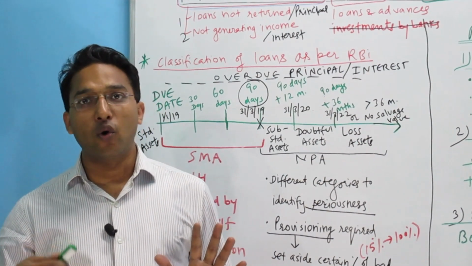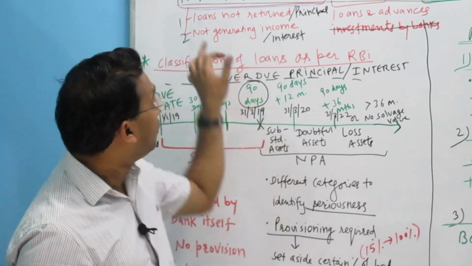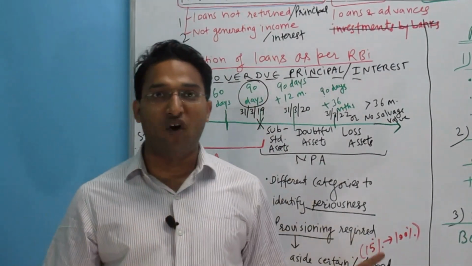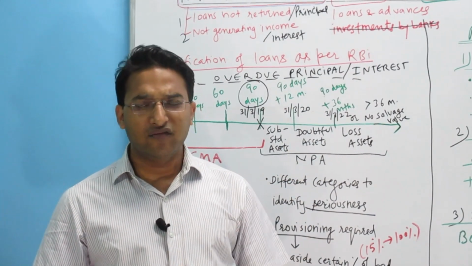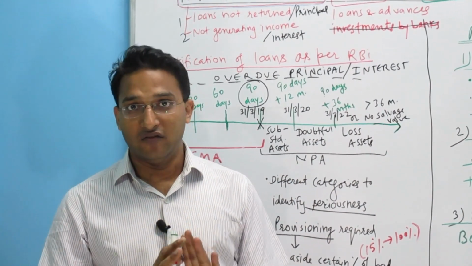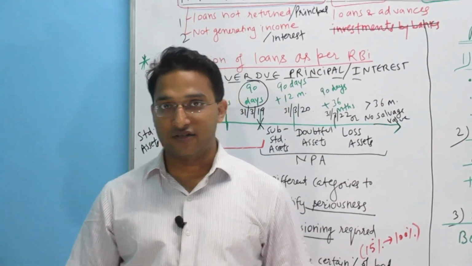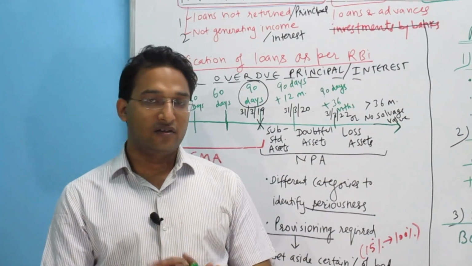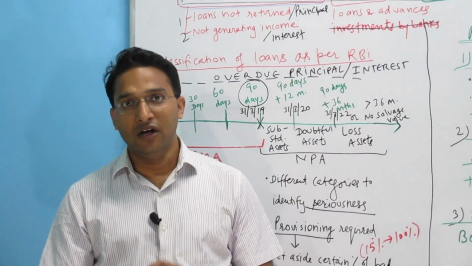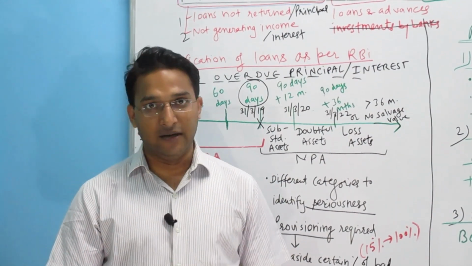Now, when we call this asset a non-performing asset, the term non-performing means it is not performing, right? So what are the criteria for performance? The criteria for performance is basically twofold. One is the repayment of the principal and second is the regular payment of the interest, right? So for any loan, there are two things which the bank has to receive from the customer: the repayment of the principal amount and the interest income.